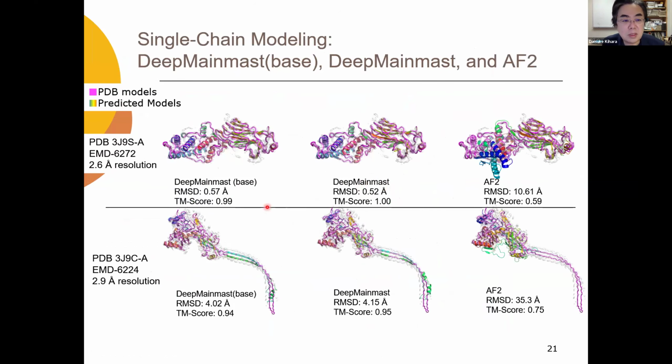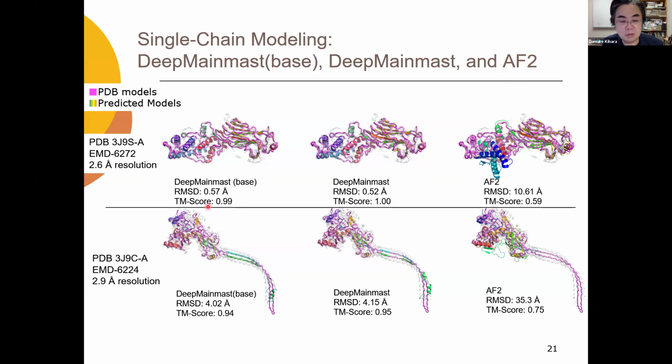So this is an example of DeepMainMast results, in comparison with AlphaFold 2. AlphaFold is a structure prediction method which does very well in general, but there are typical cases when an AlphaFold model is not correct for a CryoEM map.